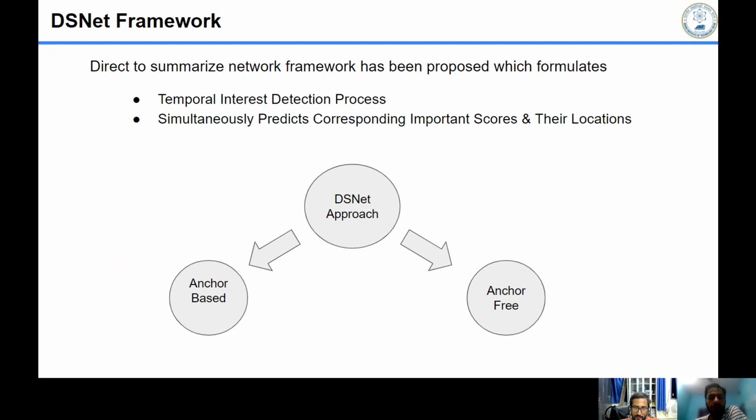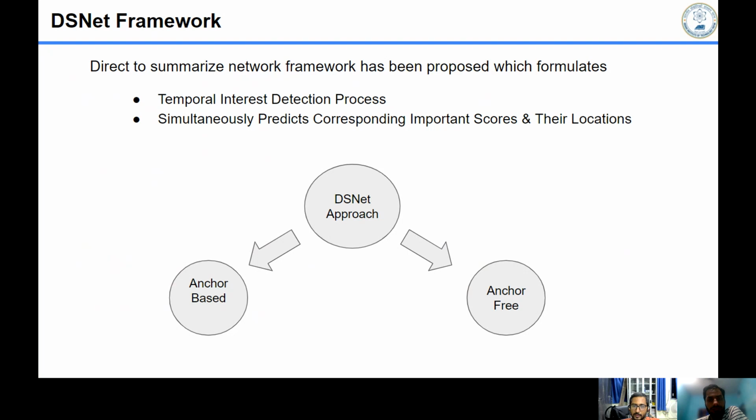First is the temporal interest detection process, which I have explained earlier, and secondly, it simultaneously predicts the importance scores and their locations, so it is easy for the user to avoid the problems coming in the previous models. So it will avoid getting an overfitted model.